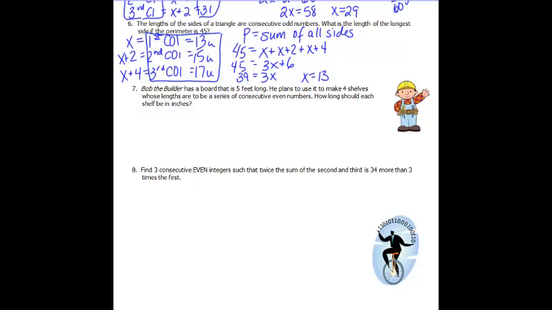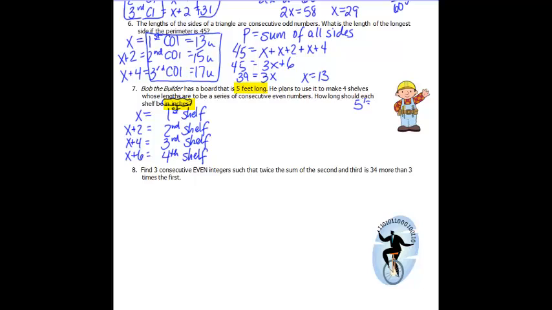Bob the Builder has a board that's 5 feet long. He plans to use it to make 4 shelves whose lengths are consecutive even numbers. How long should each shelf be in inches? I'm going to let x equal the first shelf and then my consecutive even numbers. To use the board that is 5 feet long, I have to be careful because remember this is in inches. So 5 feet equals how many inches?